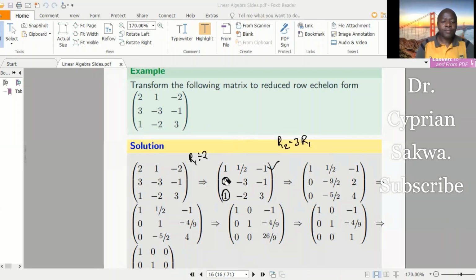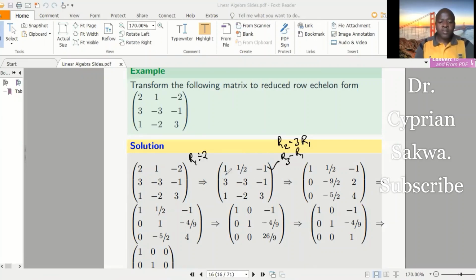Whenever you do this, it's always good to show your elementary row operations. I've shown the row operation that gives me this matrix, and I'm now showing the operation that will give us the other matrix. So to get a 0 in this position, row 2 minus 3 row 1. What about in this position? To get a 0 there, I will take row 3 minus row 1.